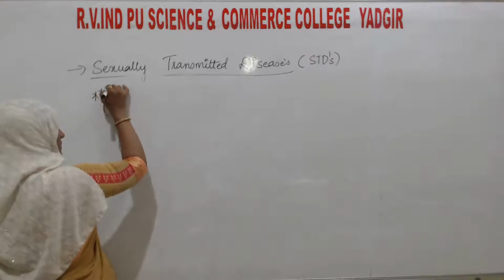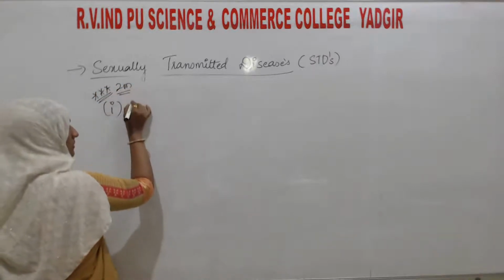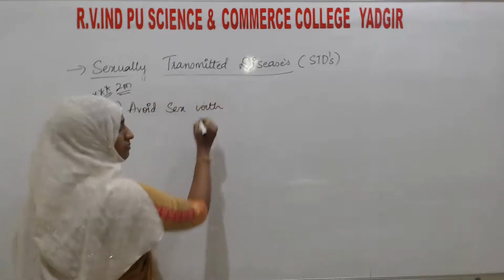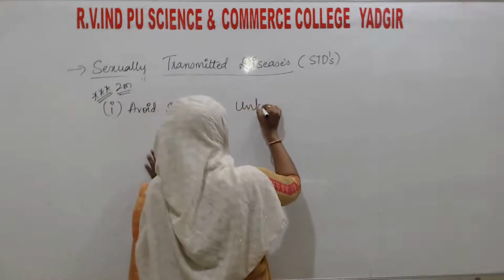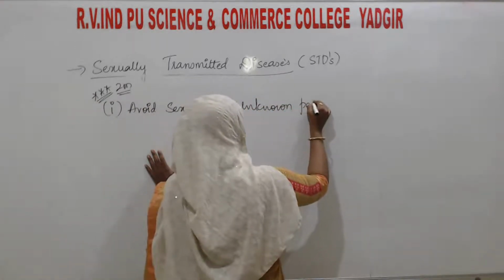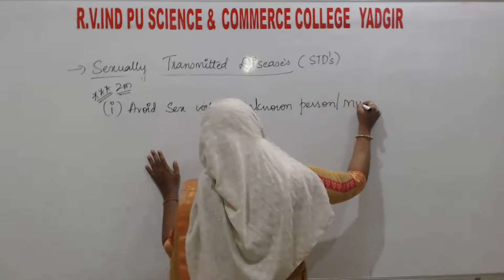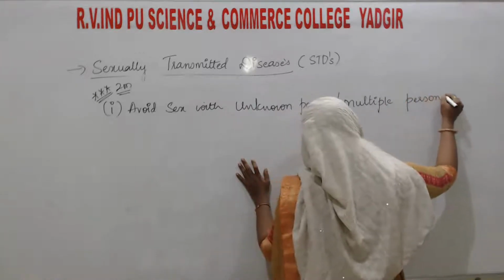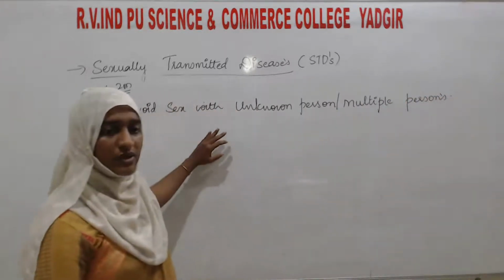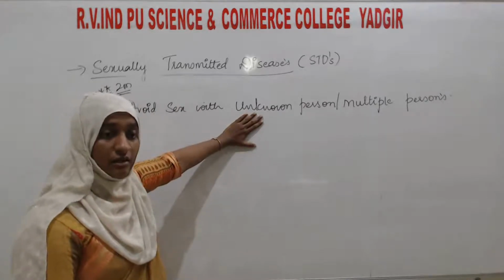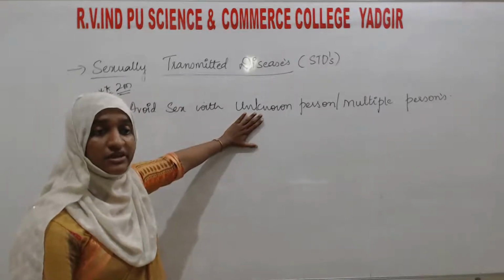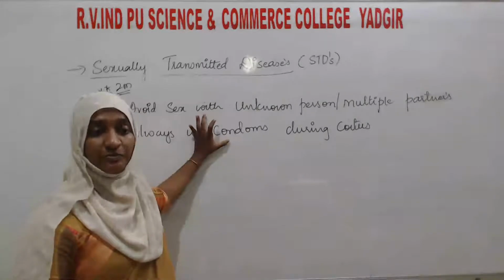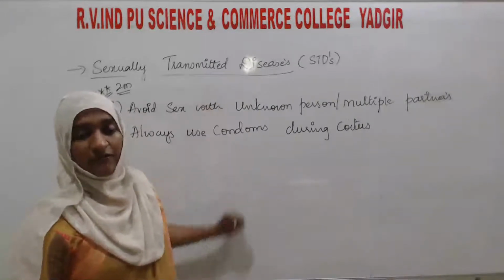This is one of the important things. If a person is unknown, that unknown person may be suffering from a sexually transmitted disease, which can be transmitted. The second is to use barriers, then they can prevent such diseases.